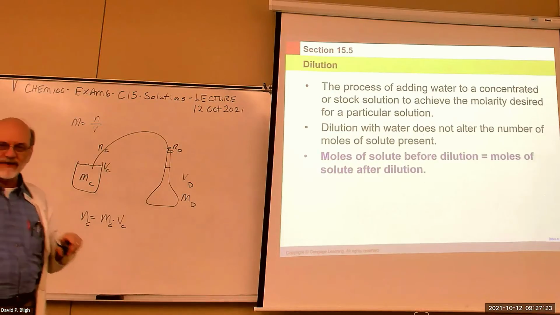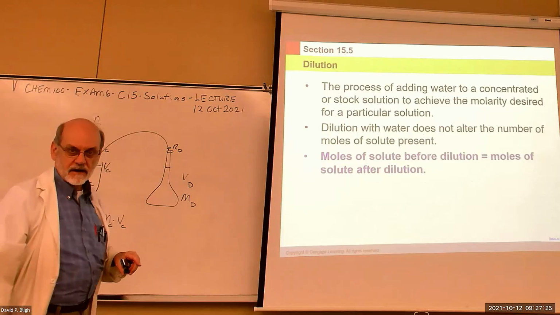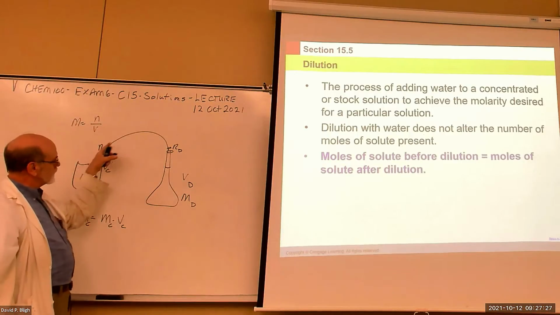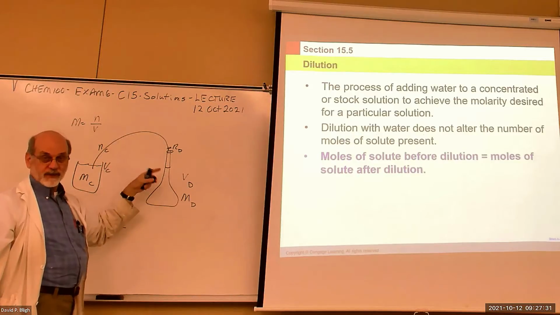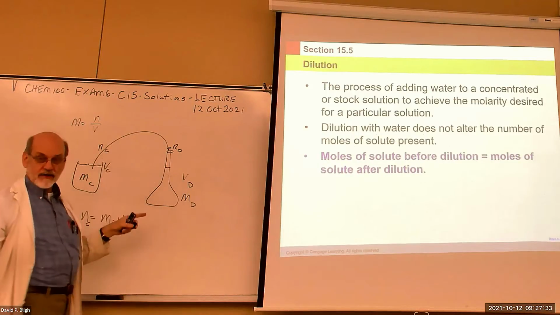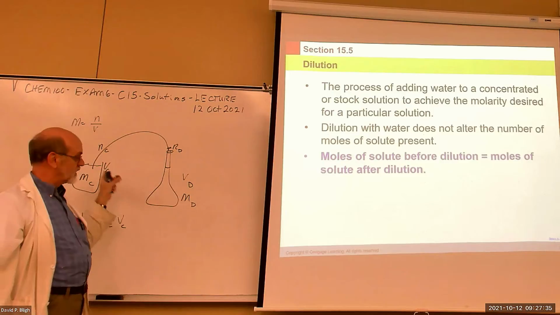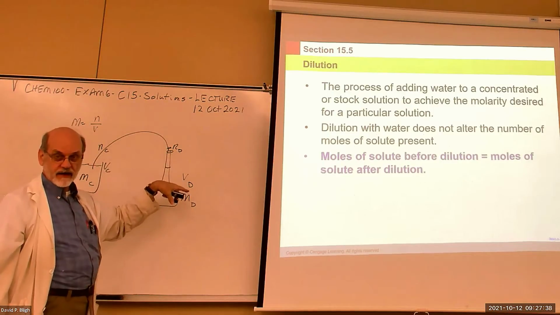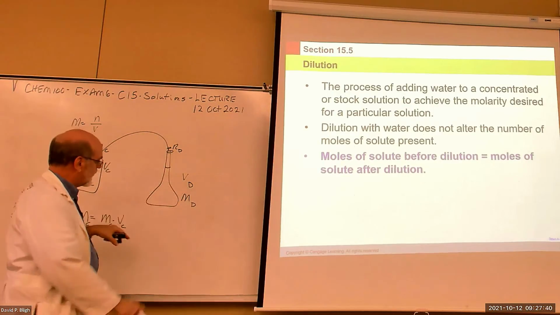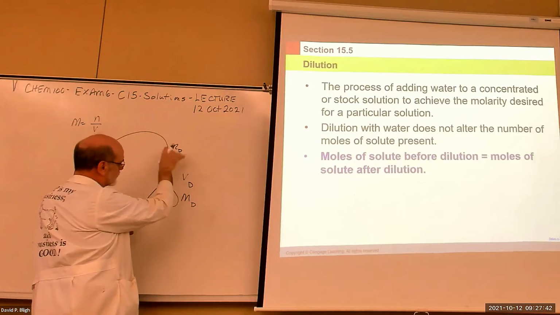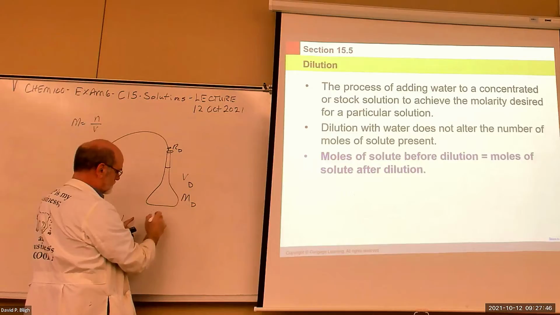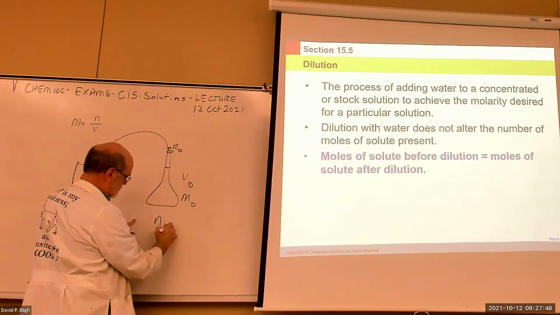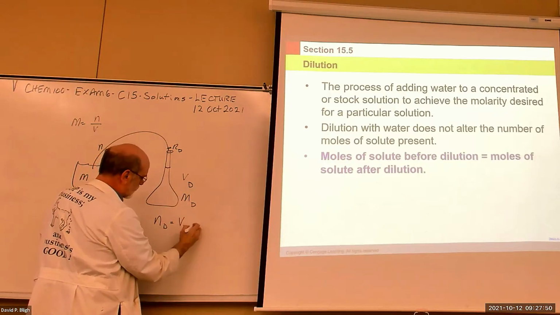Now, what do these two have in common? In the process of transferring those moles, assuming you don't spill any, you have the exact same number of moles coming out of here that you have going in there. And the total moles in here is equal to the volume times the molarity.